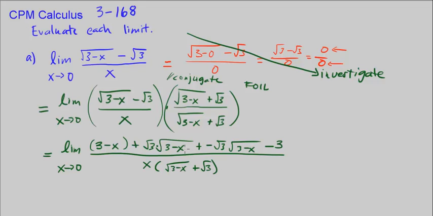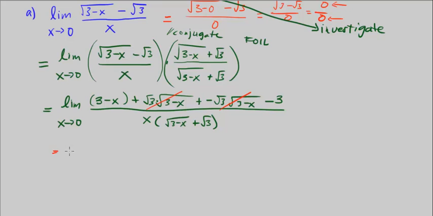There's a nice thing that happens here because this gets rid of the square root: the outside and inside terms cancel out, because you have a positive and a negative. So what that equals is the limit as x approaches 0 of 3 minus x minus 3 over x times the quantity square root of 3 minus x plus square root of 3.